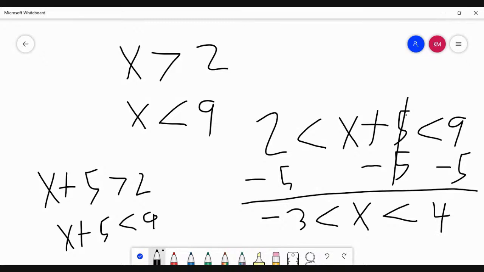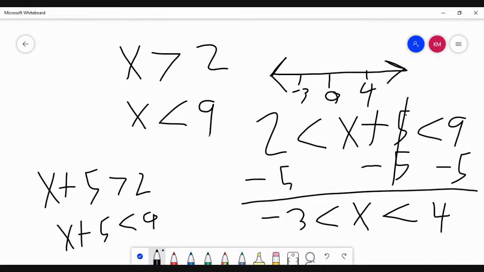Now, once I graph this, I would put 0 in the middle. And you could put 4, of course, to the right because it's positive.